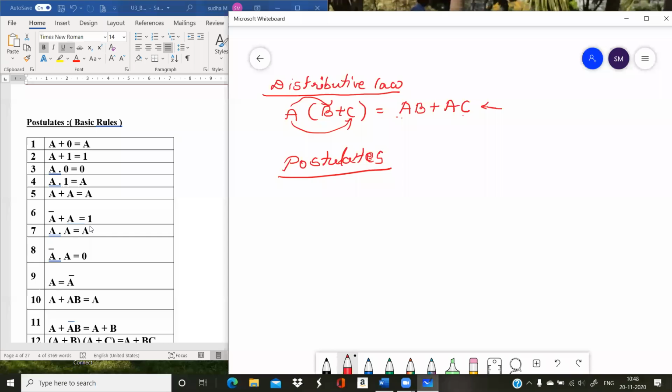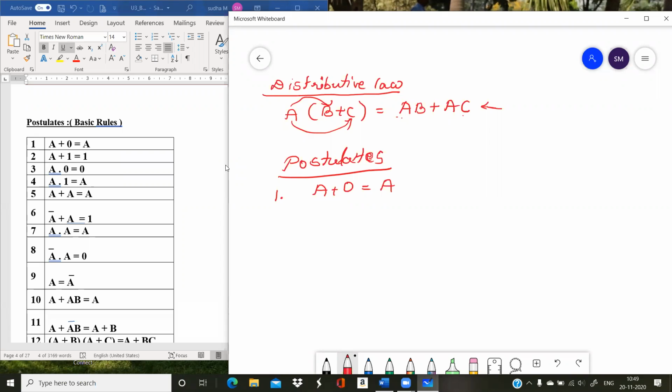I'll tell you, one by one we'll take up. First one, A plus 0 is equal to A. Let us see what is this. A plus 0 is equal to A.